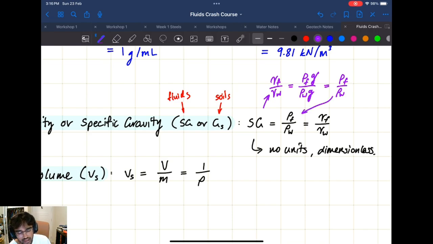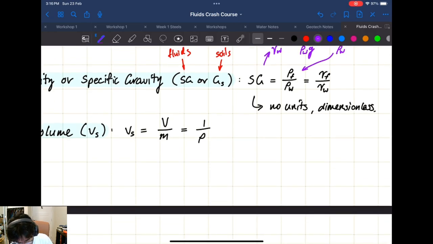It's dimensionless, so you don't have to worry about units. An example of how you would use SG: they might say SG is equal to 0.89.